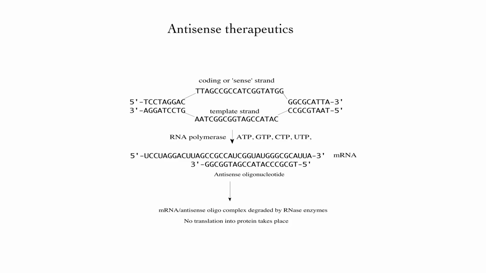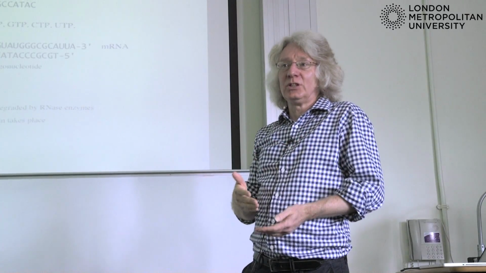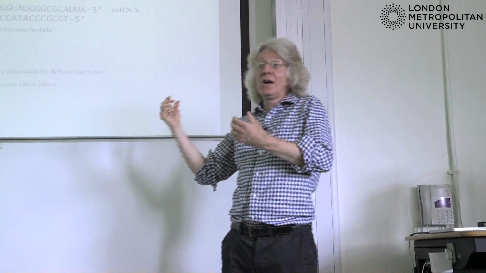Okay. Just a mention about the so-called antisense therapeutics. This was all the rage about 20 to 25 years ago. The idea being that if you could come up with an oligo that would interact with messenger RNA before it docks on the ribosome, you could prevent the information for a rogue protein, say for example a growth factor in a cancer cell, or for that matter a viral protein, from being synthesized.